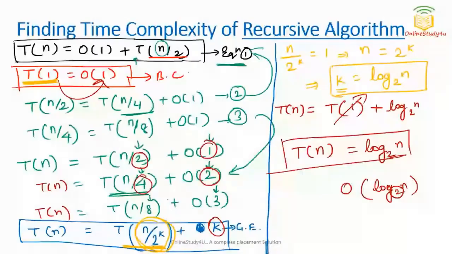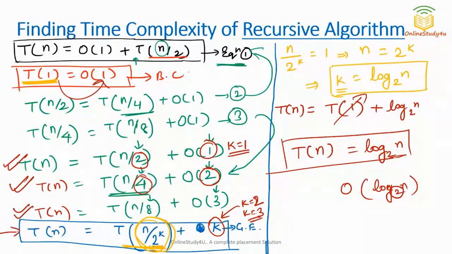So, substitute k is equal to 1 here. Now, what it will become? It will become T of n by 2 plus order of 1, which is nothing but this equation. Now, substitute k is equal to 2 here. So, it will become T of n by 2 power 2, that is 4, plus big O of 2. This is nothing but this equation. And if you substitute k is equal to 3, it will become nothing but this equation. That's why this is the general expression.